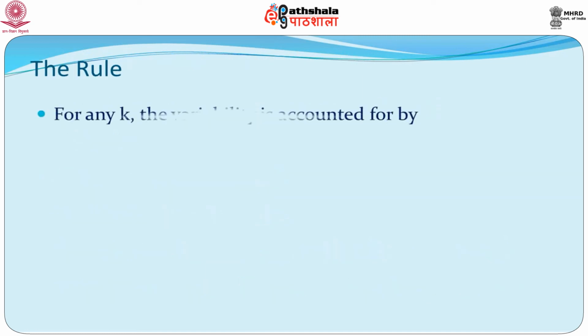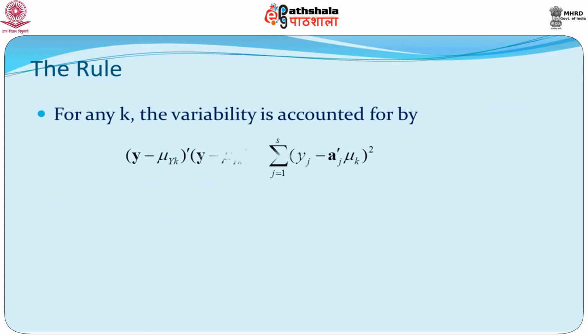And then we have a rule like this. For any k, the variability is accounted for by y minus mu yk, prime, y minus mu yk. So, we look at each of the j discriminants, the difference between yj and aj prime mu k, its expectation, and then square that up and sum it over the S discriminants.